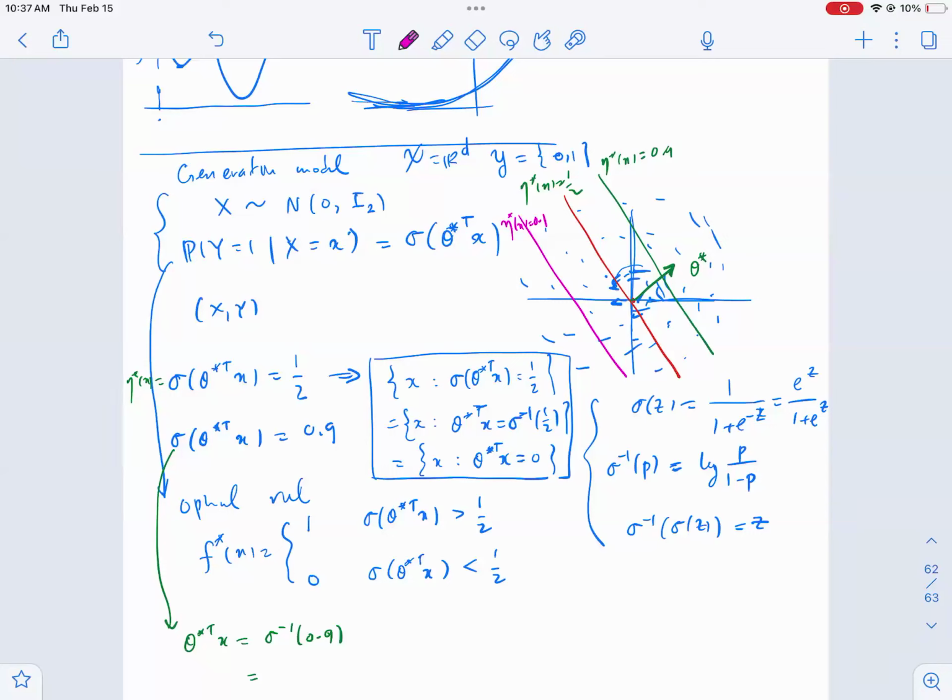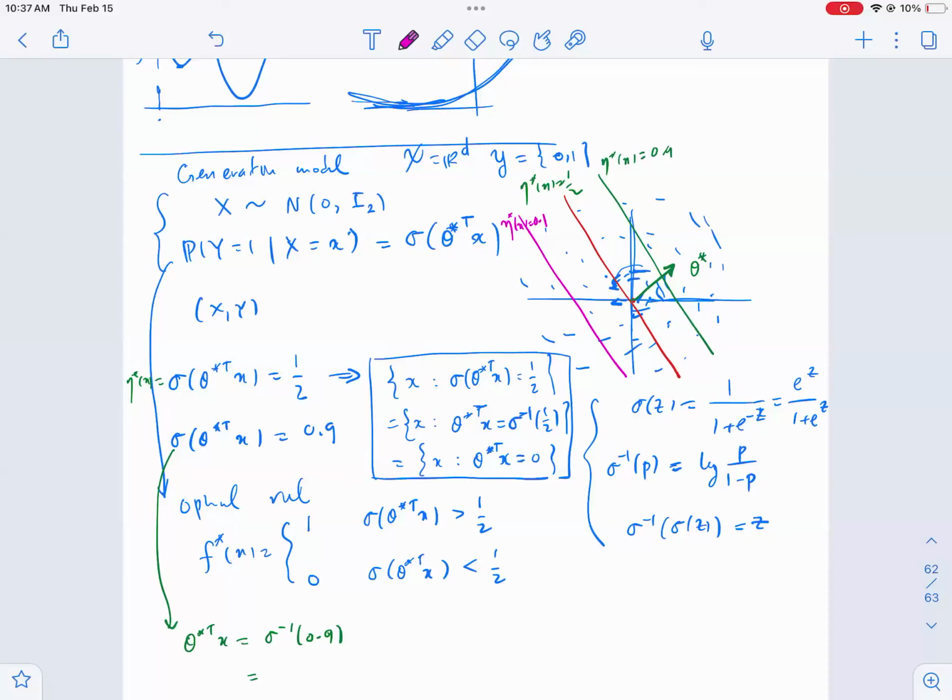So what the eta star does, or what the optimal rule does, is assign 1 to everything above the dotted line and 0 to everything below. And in practice it's not going to be true, because some of these, at this point, have a chance of 0.5 of getting label 1. Here it's not 100% once you move it. Still there is a chance to get label 0.